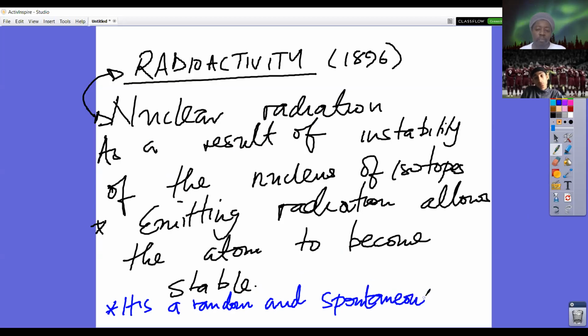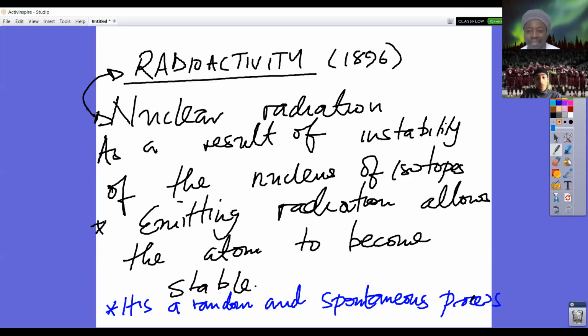What do we mean by it's a random process? You can't predict it. It just randomly happens. You can't predict exactly when it's going to happen. Spontaneous means it will happen when it needs to happen.